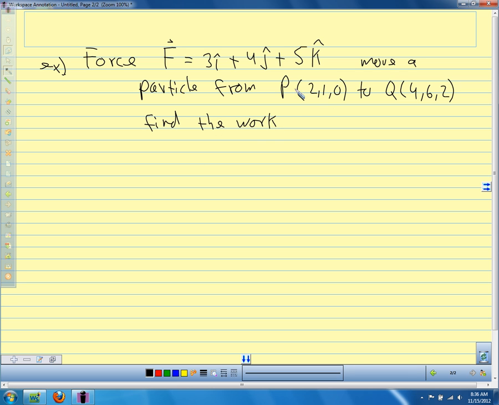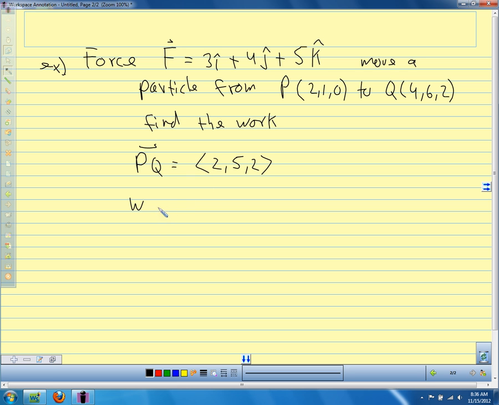So we're going to represent the motion from P to Q as a vector. So the vector PQ is just going to be the vector 2, 5, 2. And our work is just the dot product of F with this.